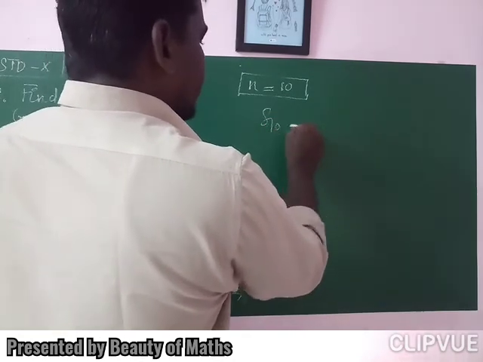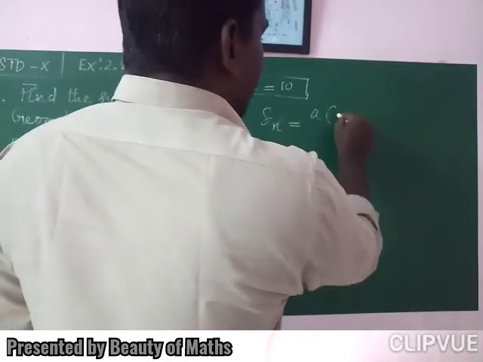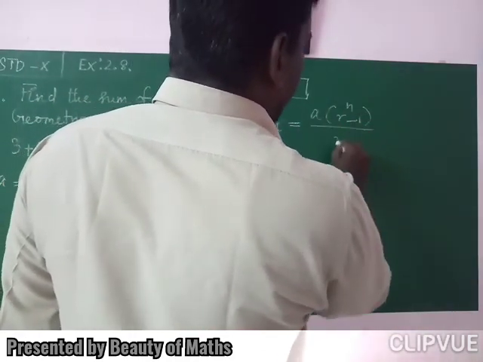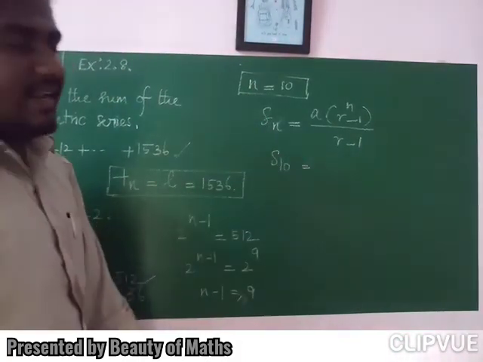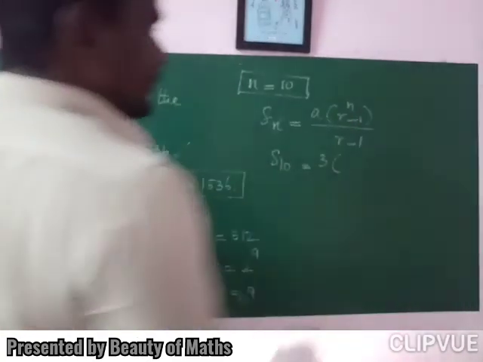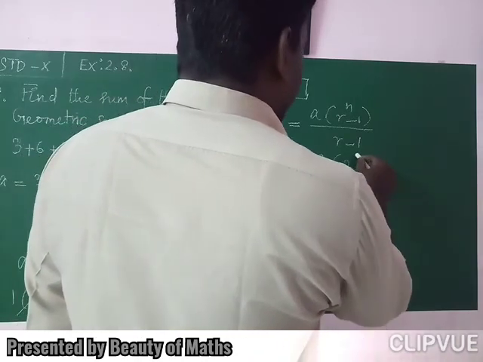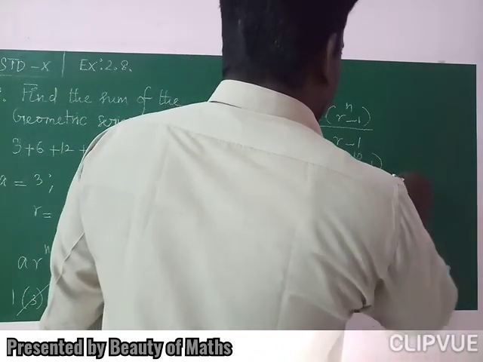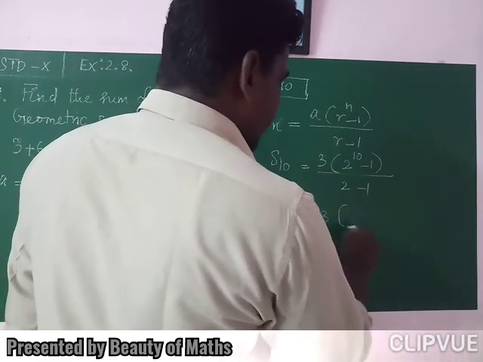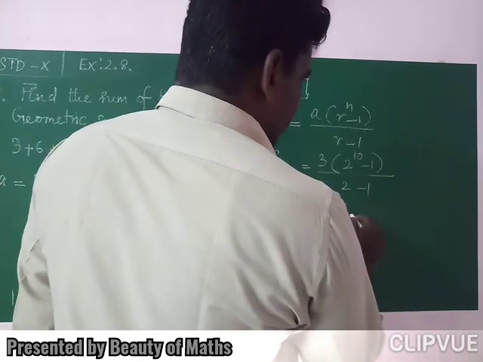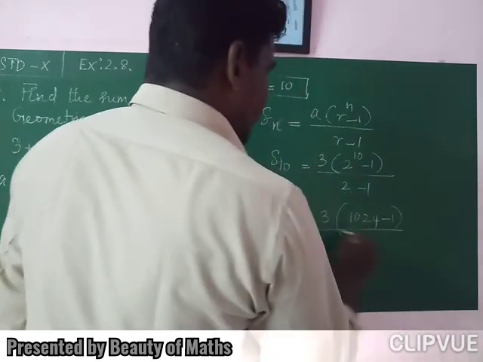So we are going to find S10. The Sn formula is a of r power n minus 1 divided by r minus 1. So S10 means replace n by 10. The a value is 3, the r value is 2. 2 power 10 minus 1 divided by r value 2 minus 1. 3 of 2 power 10 value, 1024 minus 1, divided by 1.